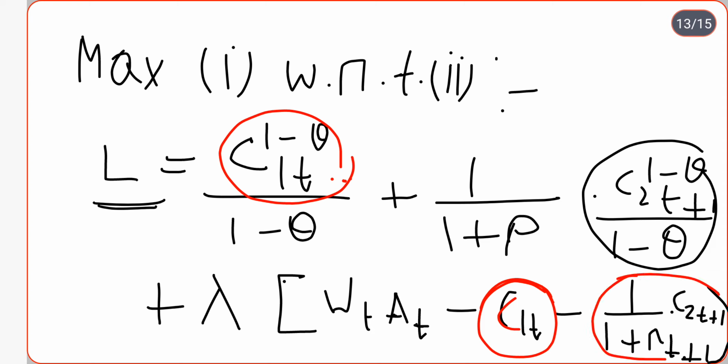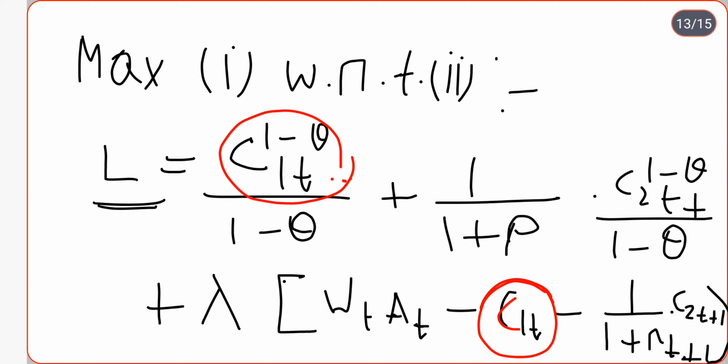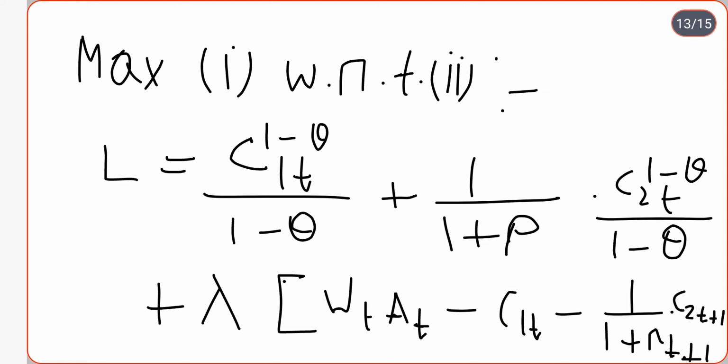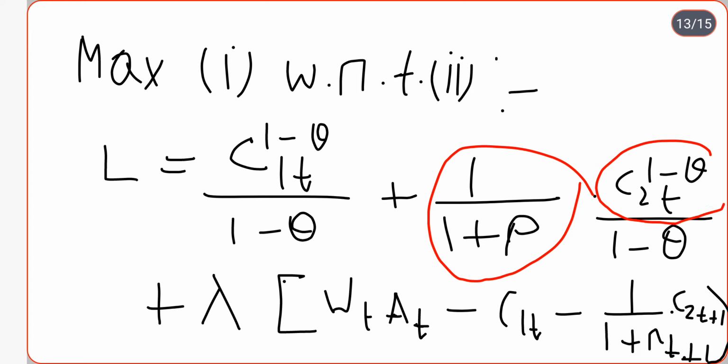Now if we differentiate it, let me clean it at first. For this portion we will take 1 by 1 plus rho and 1 by 1 minus theta out of the derivative part, because they are constants, and we will do the derivative of only C2T plus 1 to the power 1 minus theta.